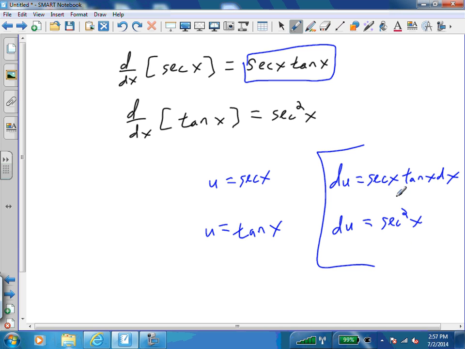So we don't have the option of having just secant as our du or just tangent as our du, because secant's not the derivative of anything, and tangent's not the derivative either. Technically it's the derivative of natural log, but we're not doing that.